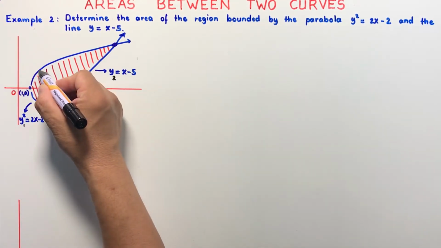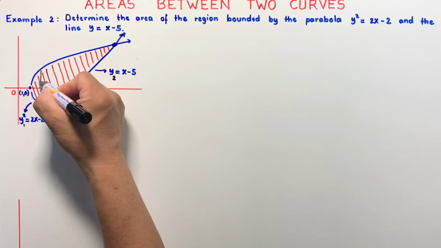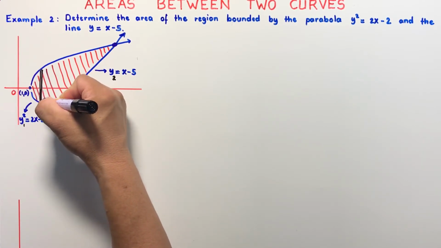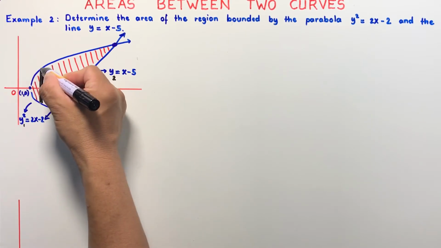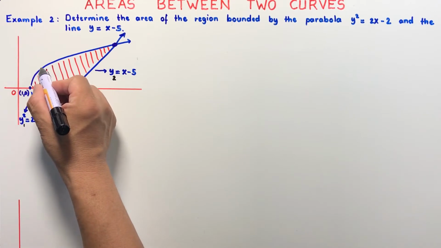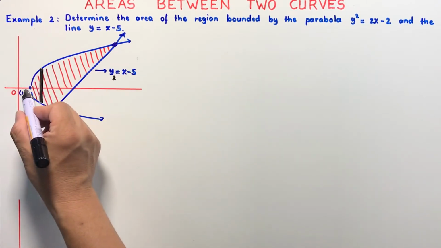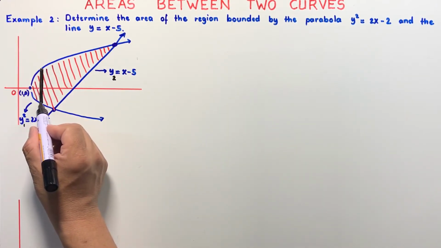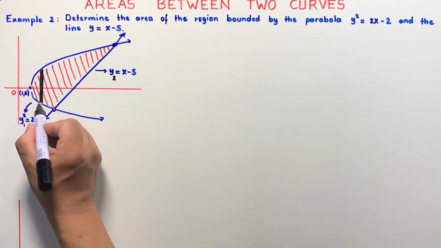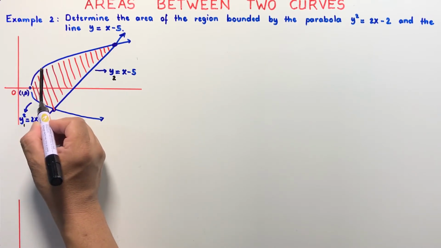And if you slice this shaded region at this point here, we got a representative of the slices whose upper boundary is the y of this curve, and the lower boundary of this slice is also on the y of this curve. But this one is negative because this is below the x-axis.